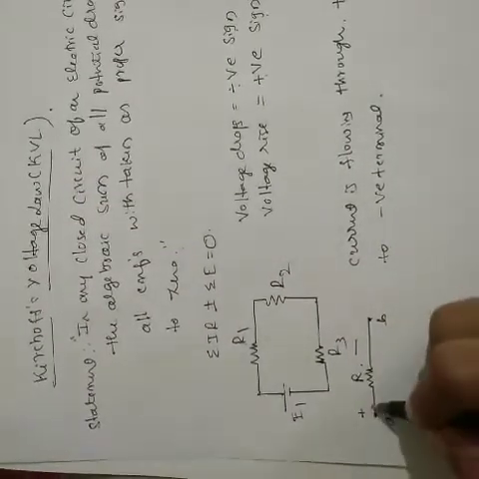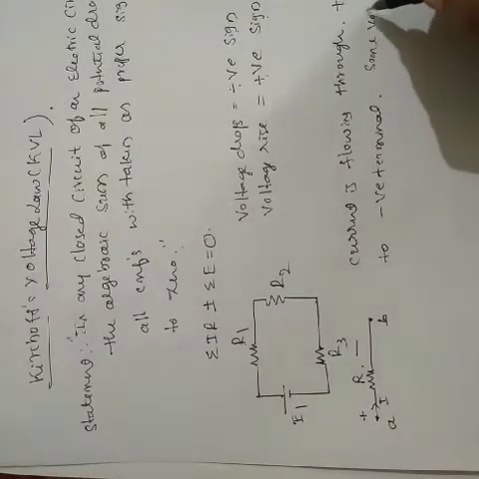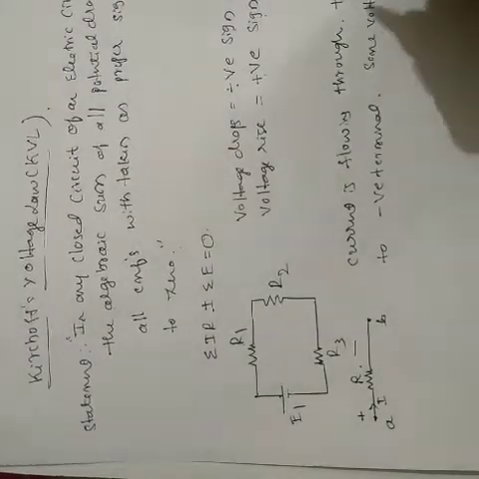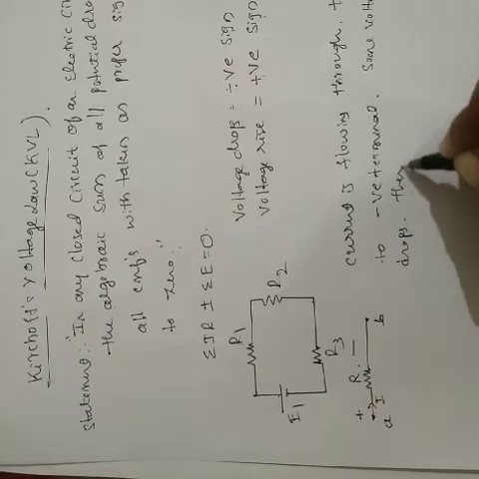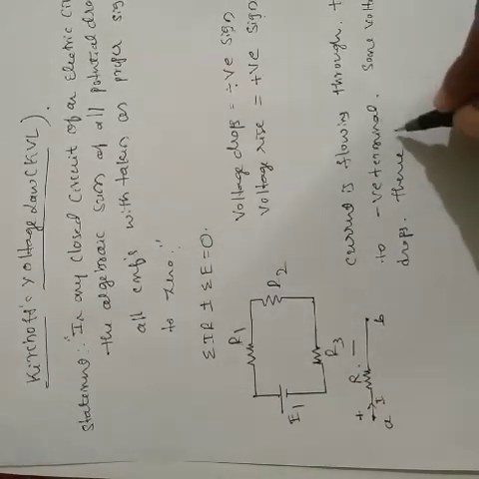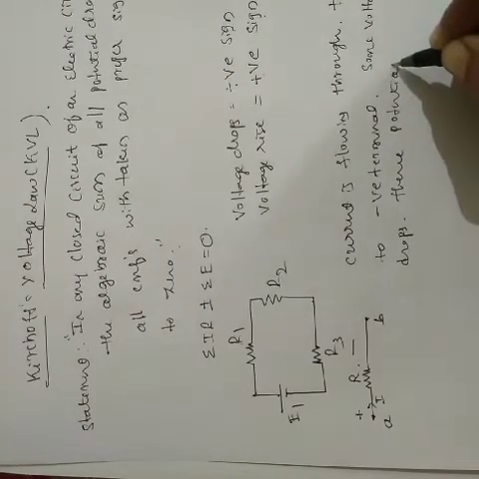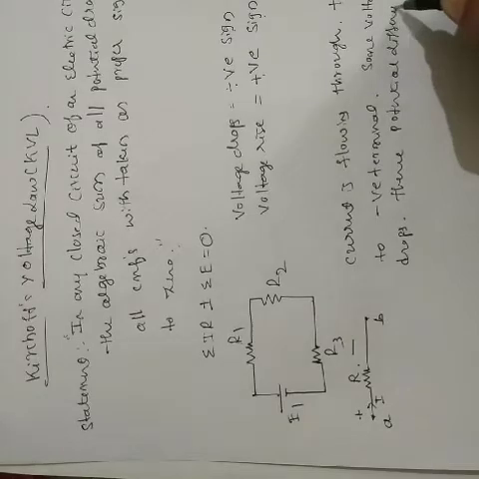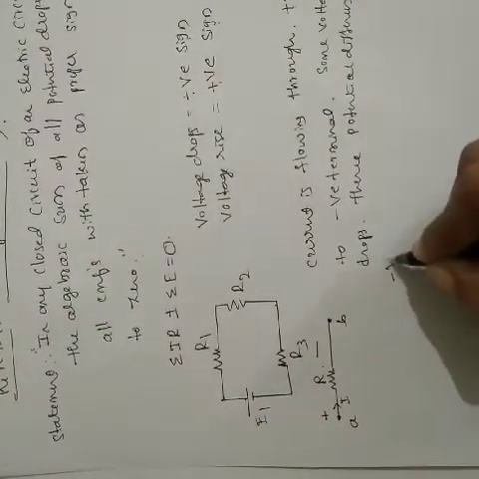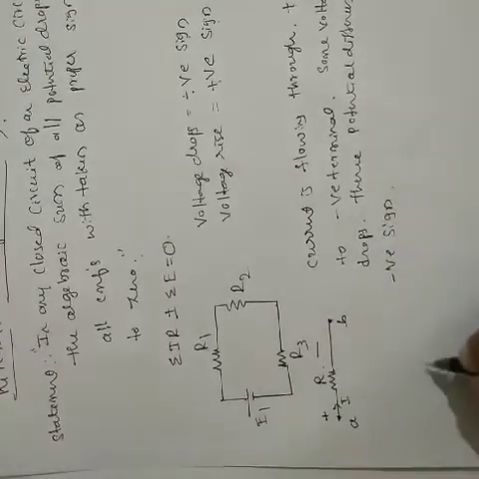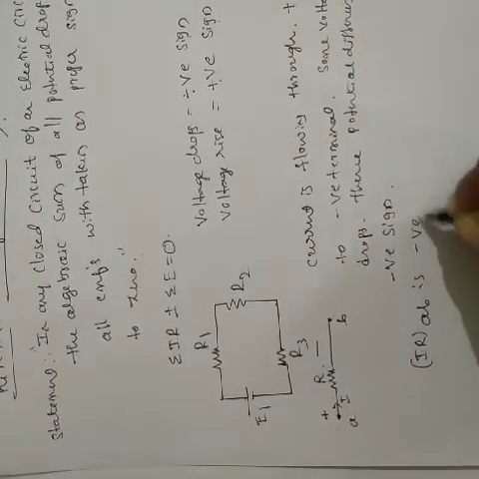If current is flowing from positive terminal to negative terminal, some voltage drops, hence the potential difference V is negative sign, that is I into R across AB is negative sign.